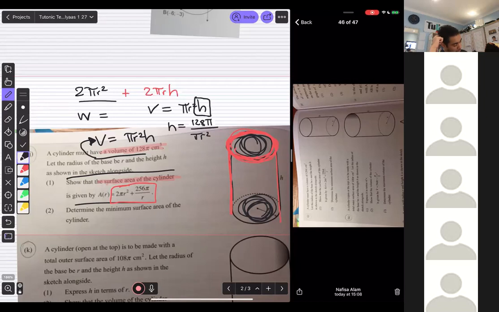And what that means is that you can now sub it into here, because in this expression, you've got no h's. Do you see that?